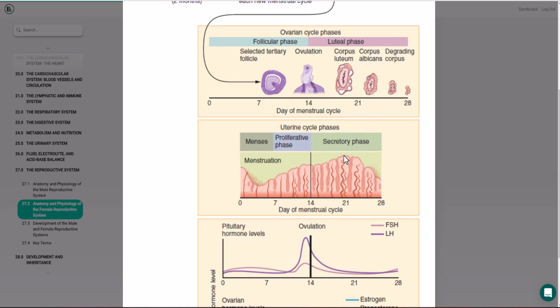The progesterone will no longer be made, and the endometrium will once again slough off in the menstrual cycle. But if there is an embryo, the embryo itself will begin to produce hormones that will maintain the corpus luteum and maintain the endometrium so that it does not slough off.